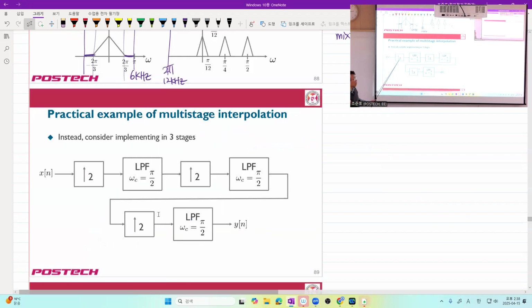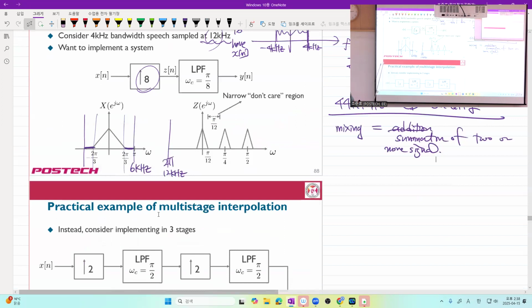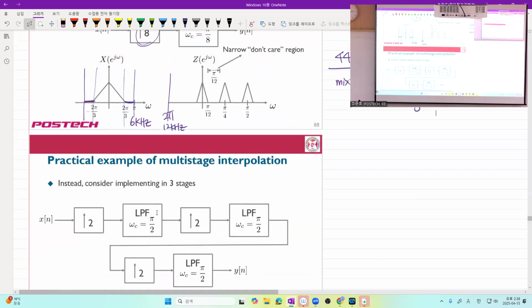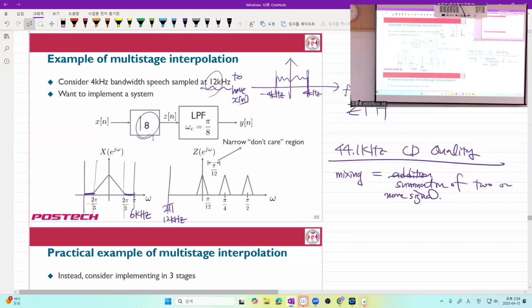You upsample by a factor of 2 and low pass filter, upsample by a factor of 2, low pass filter, and do it 3 times, and you have the same thing. And you may ask, why do we do that? Mathematically the same. As I told you, sometimes a mathematically same procedure gives you a tremendously different real-world implementation.